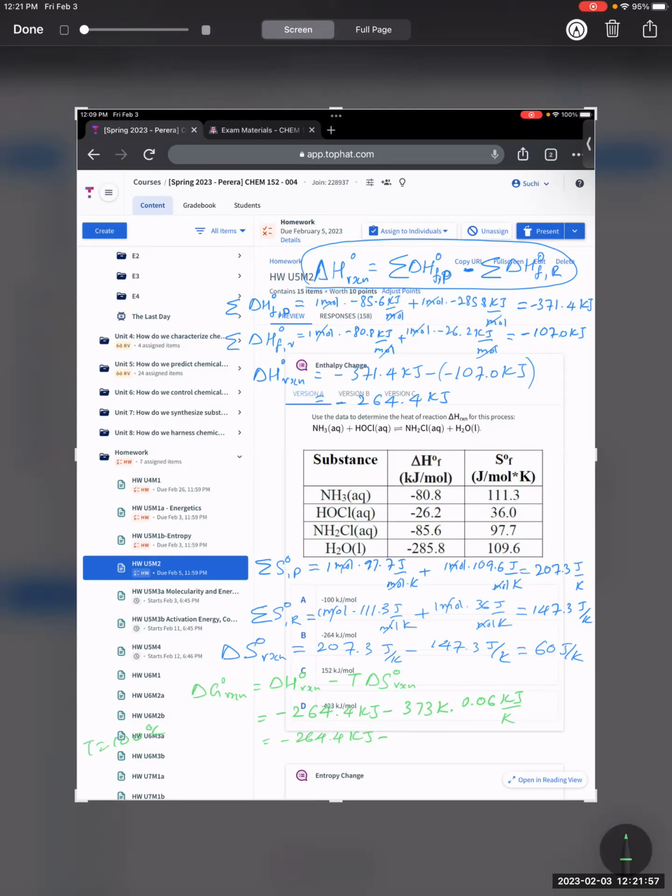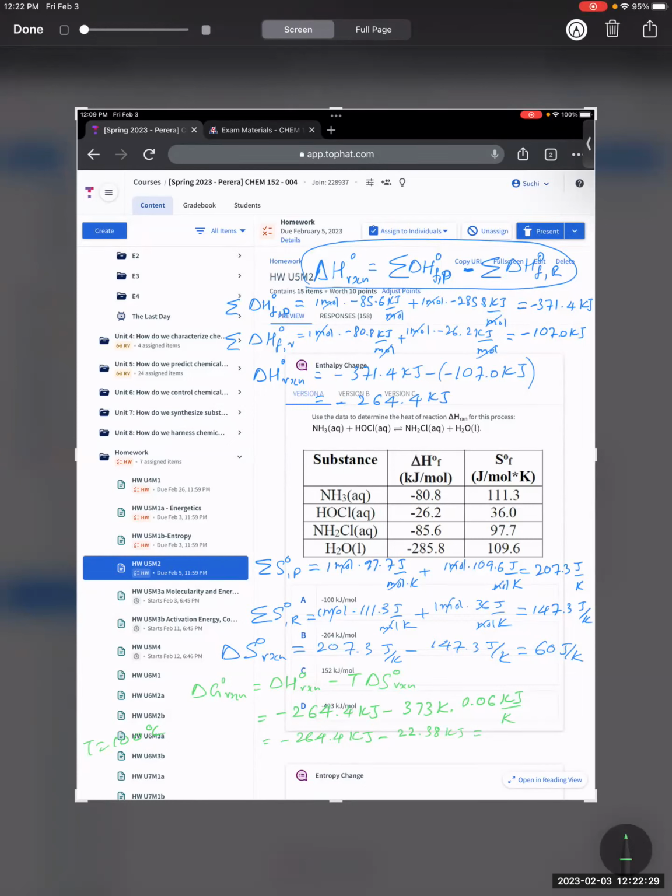Remember, I got 0.06 by dividing 60 by 1000 because I wanted to convert joules to kilojoules. And I get 22.38. Okay, and then this is almost like 22.4, in kilojoules again.